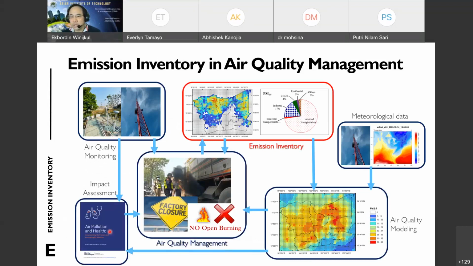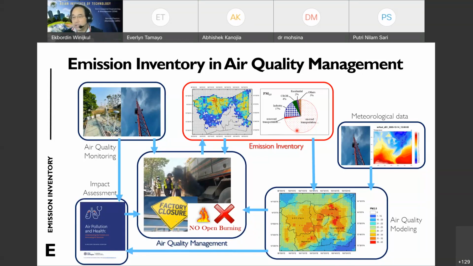So if I put the emission inventory in terms of air quality management with different components, it can be linked and also show the interaction with different components like this. The one in red here is the emission inventory. And you can see the different types of emission inventory that we can use. For example, we can have the spatial distribution of the emission in different locations, or the amount of emission by different sector and so on.